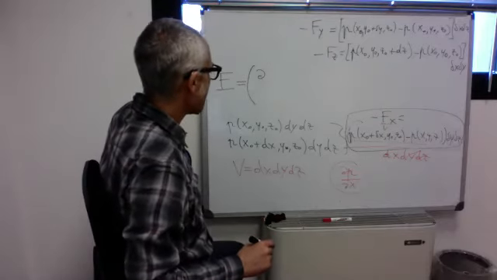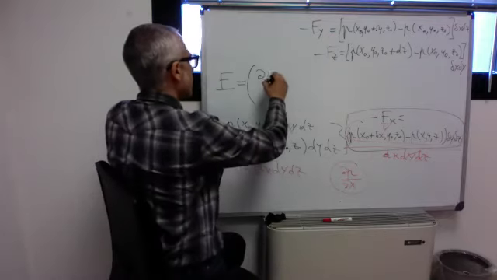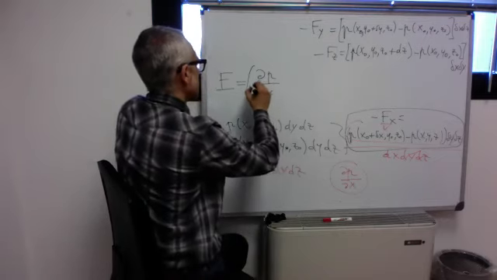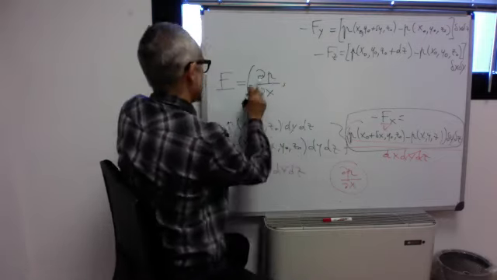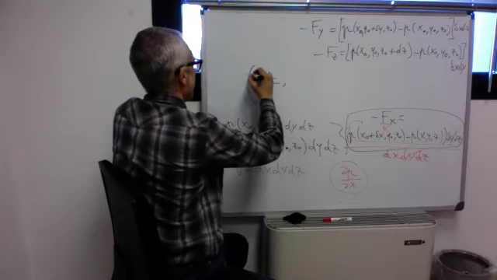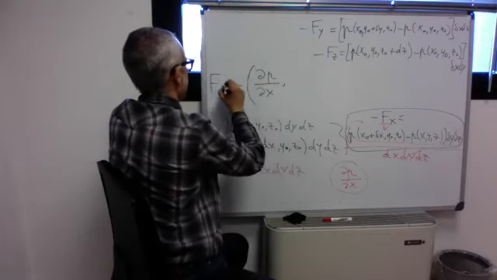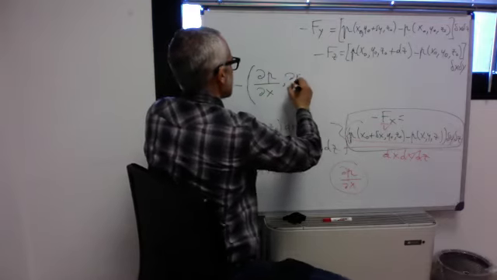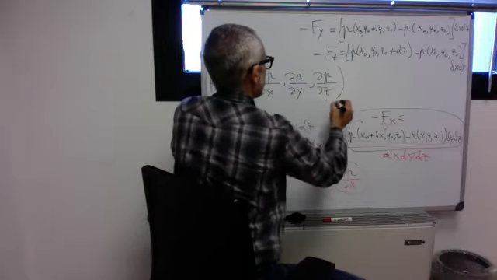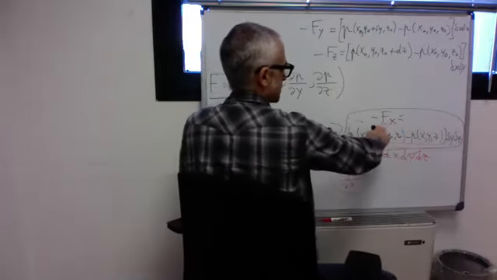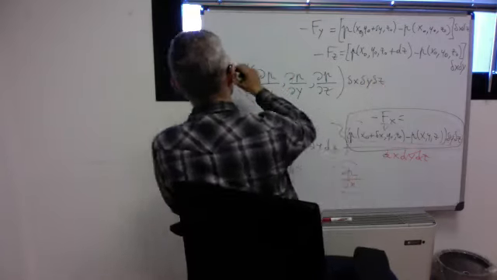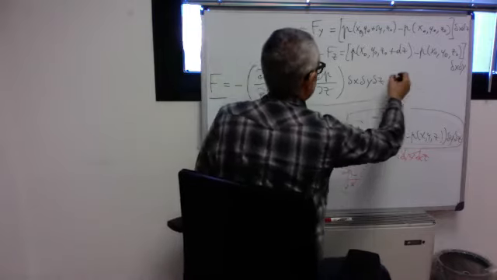So what did we find? We find that the components of the force are proportional to the partial derivatives, with a minus sign, of pressure with respect to the three Cartesian coordinates x, y, z, all multiplied by the volume of our cell, since this was force per unit volume and we shouldn't forget to multiply by it.